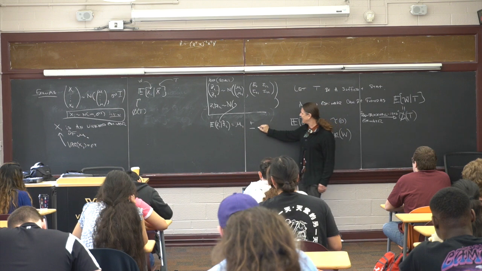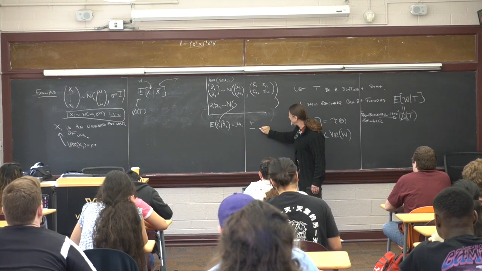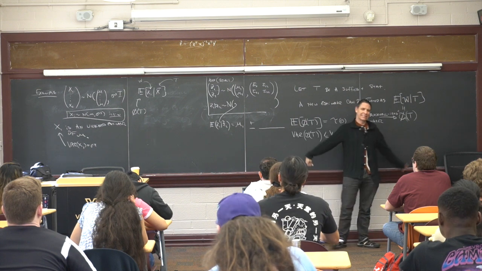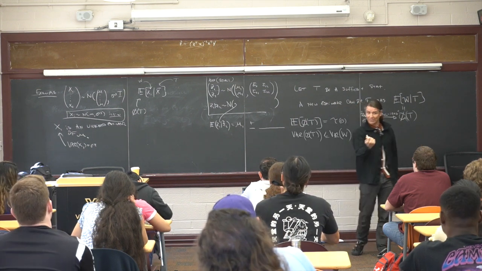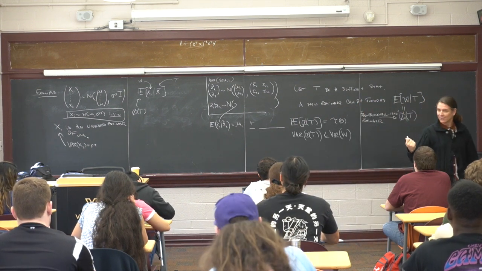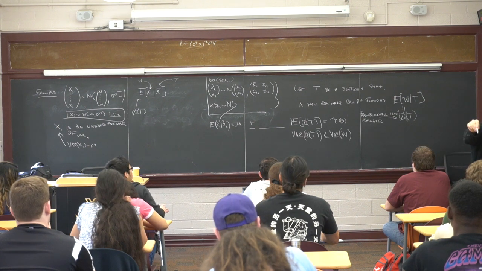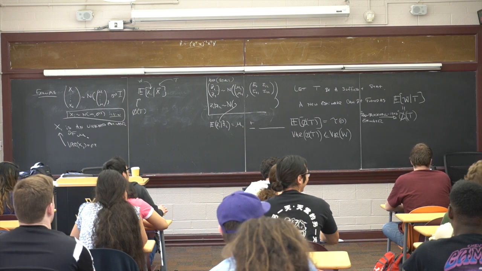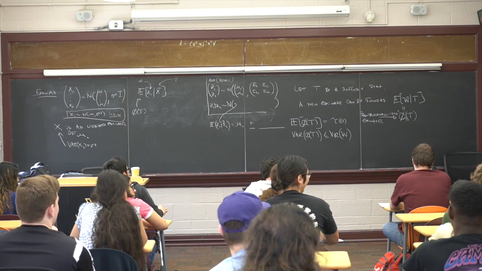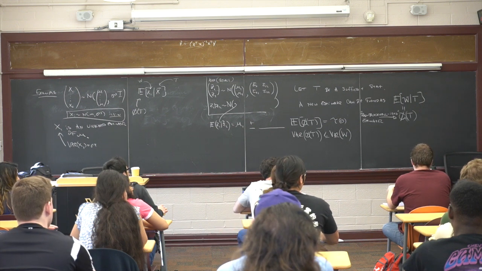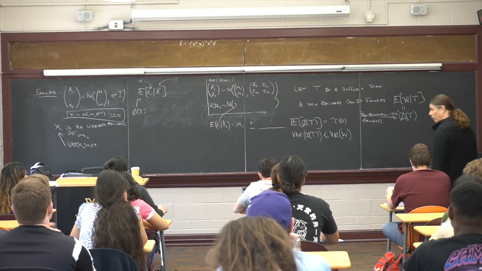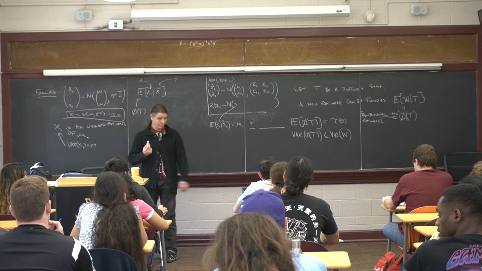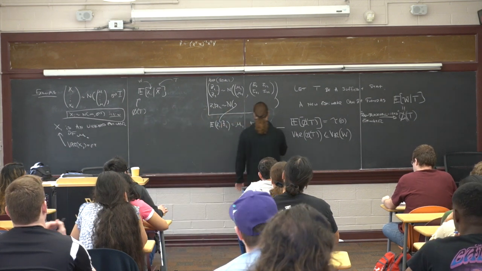Somebody, except for Saeed, tell me what this term is right here. Something with mu2 and sigma 2. Can anybody write this down off the top of their head? Okay, let me write this down real quickly.